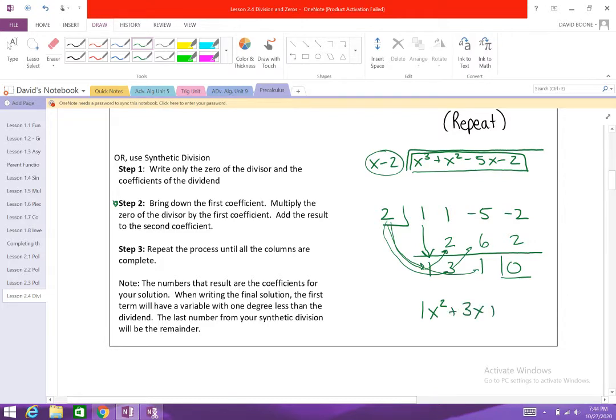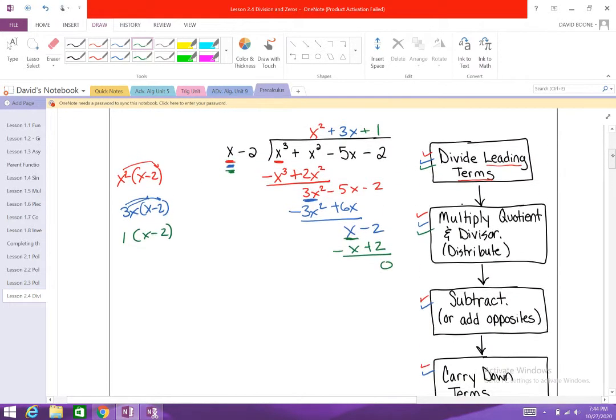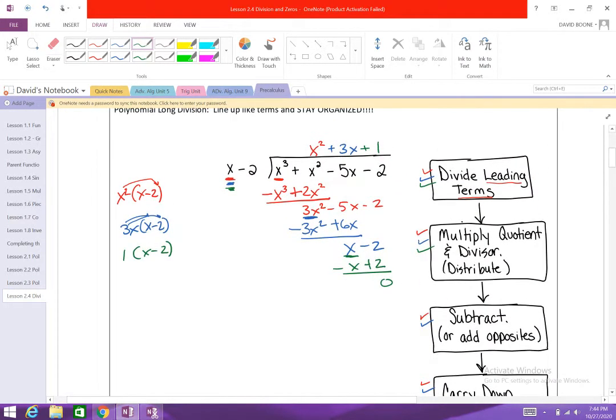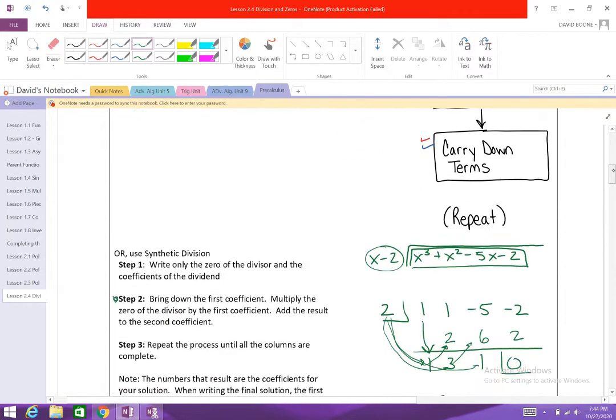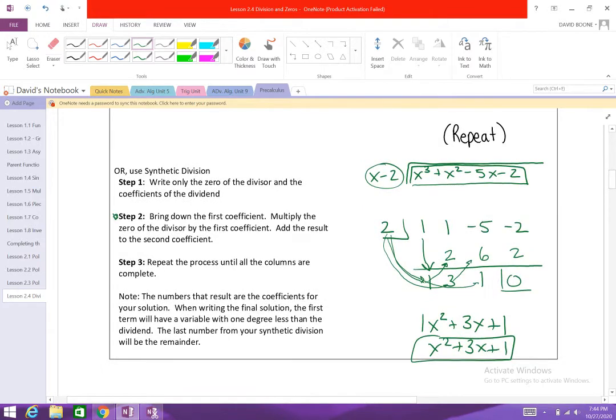This one is the constant. And there's our answer. Now, we wouldn't necessarily need to have that 1 written there. So you could just write it as x squared plus 3x plus 1. And as you noticed, that's the same answer that we had up here. So different process, same answer. I think a lot of people really like the synthetic division.